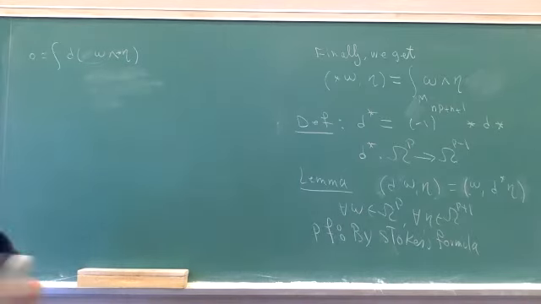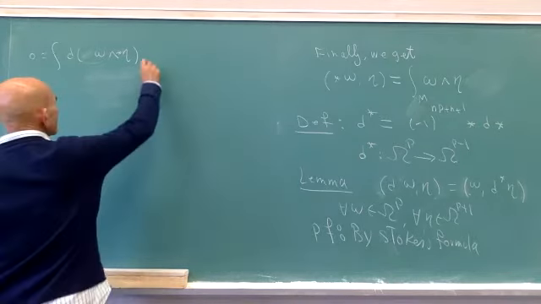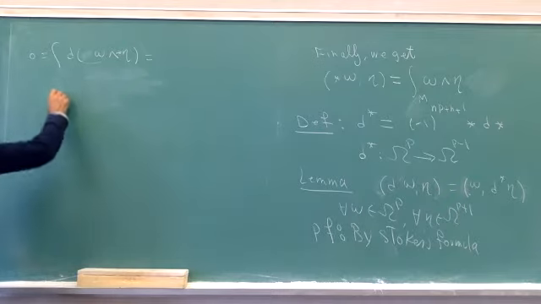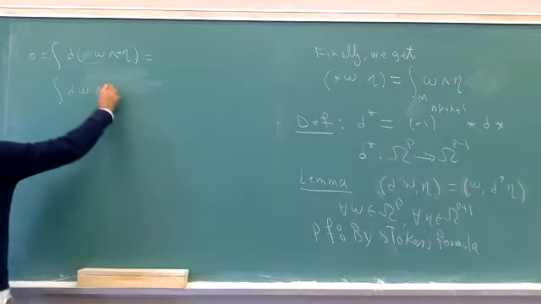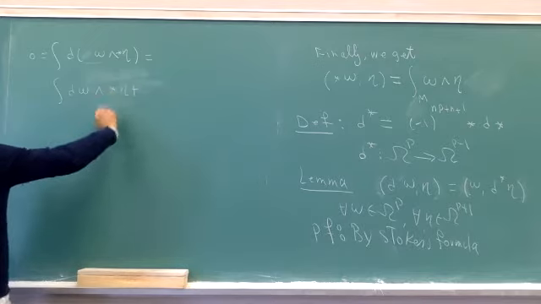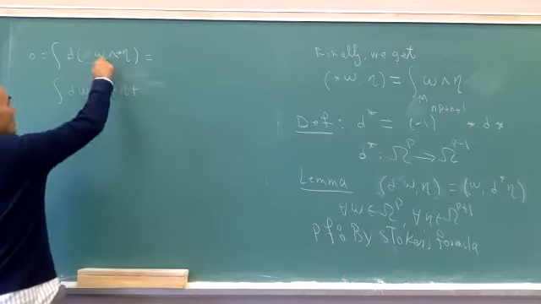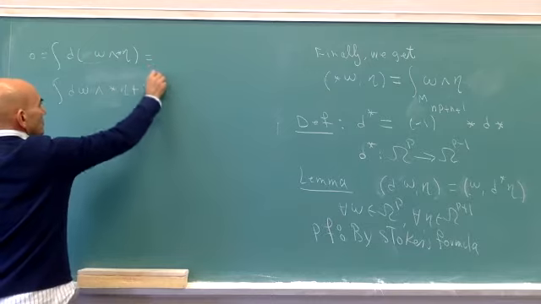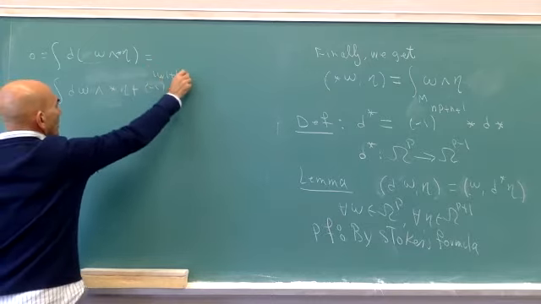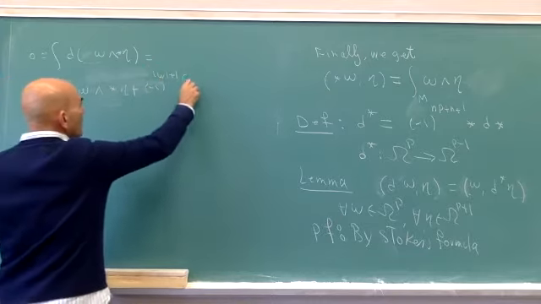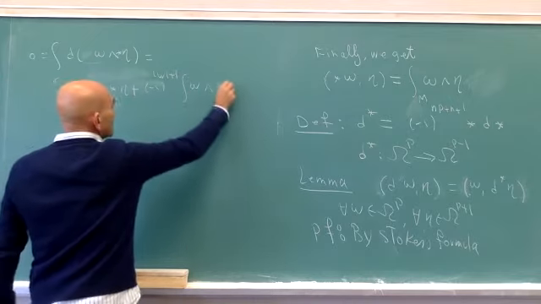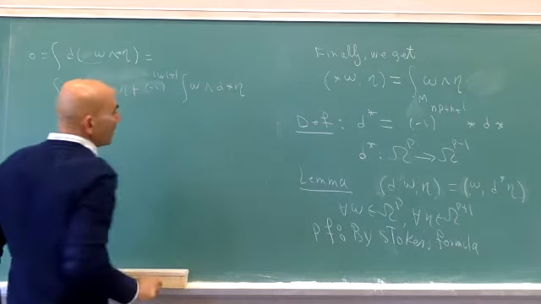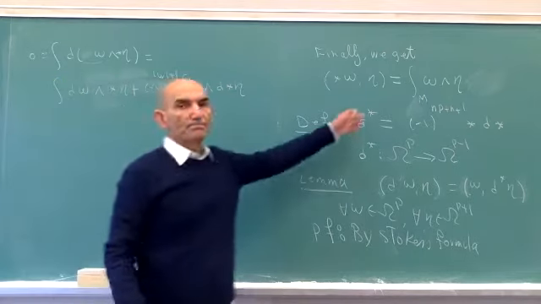And then you expand this. This is equal to the integral of d omega wedge star eta plus minus 1 to the degree of omega plus 1 times the integral of omega wedge d star eta, and you use this formula.